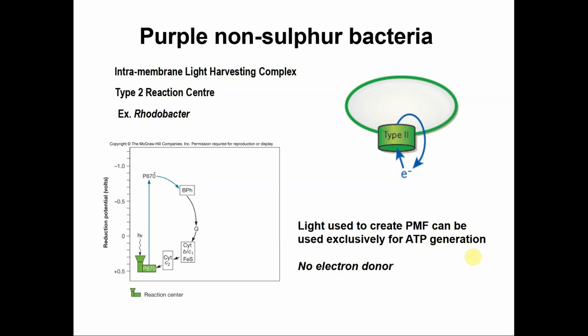So what is the basic metabolism of these purple non-sulfur bacteria like Rhodobacter? Well, they are basically anaerobic chemoheterotrophs. So they're using organic carbon as a source of energy and a source of electrons, but they don't have access to oxygen. So they do not perform anaerobic respiration either.